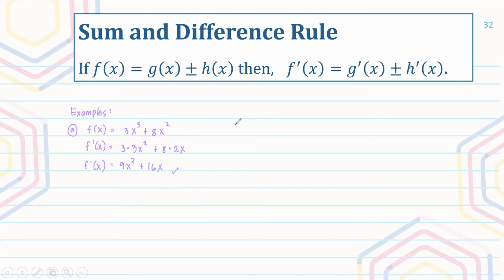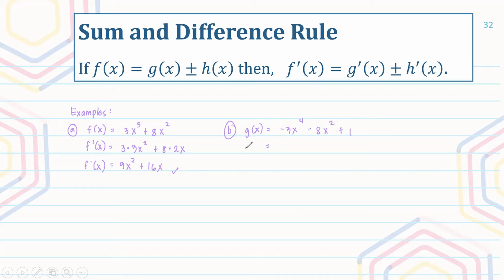Okay? Next example, let's have g of x is equal to negative 3x raised to 4 minus 8x squared plus 1. Differentiate each term.